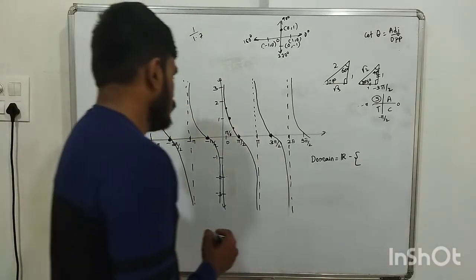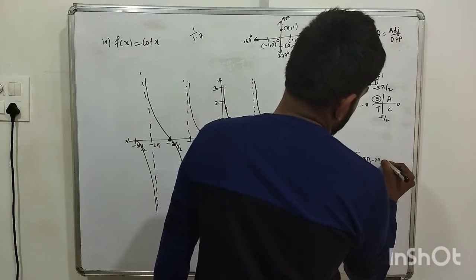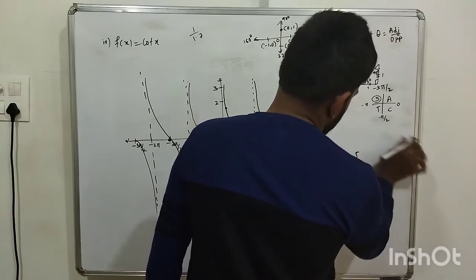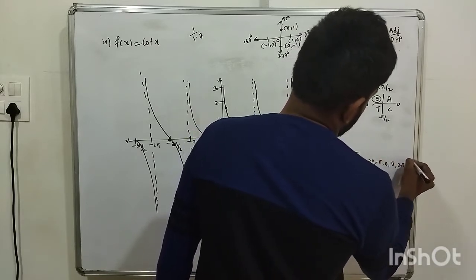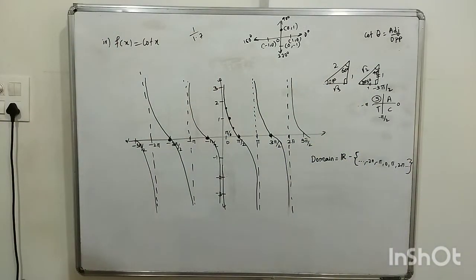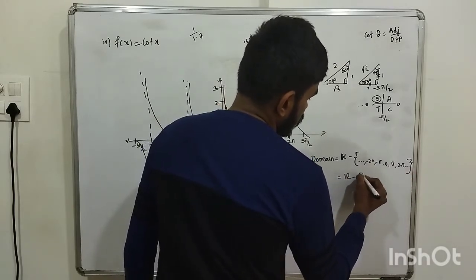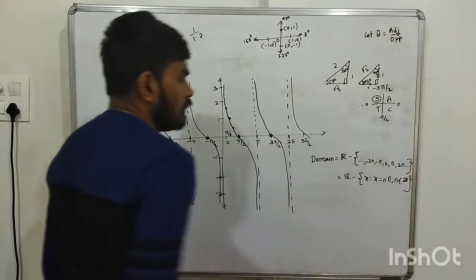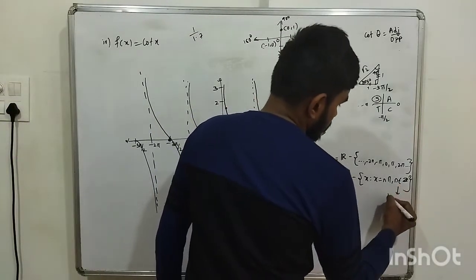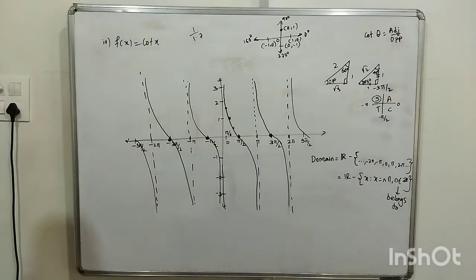These are integer multiples of pi, so R minus the set of x such that x equals n pi, where n belongs to Z, the integers, as we learned in the lesson on sets. This is set builder form.